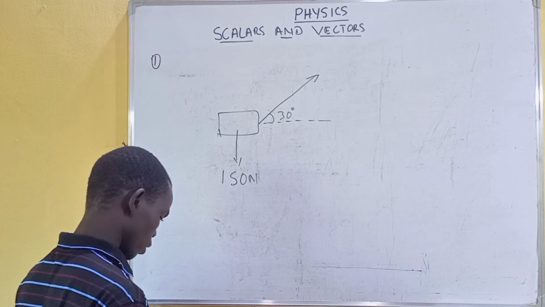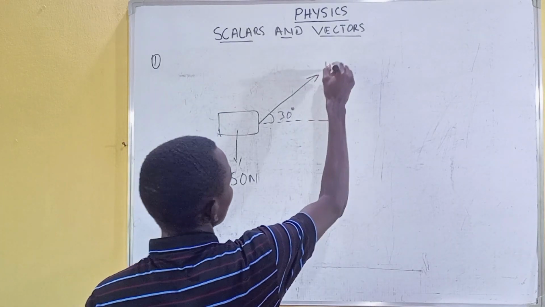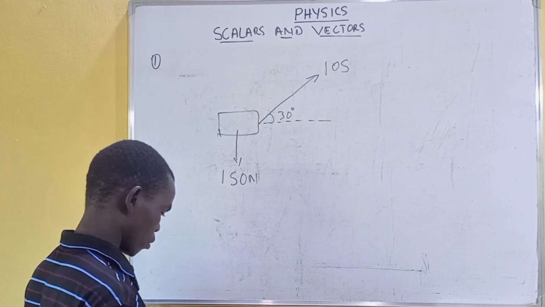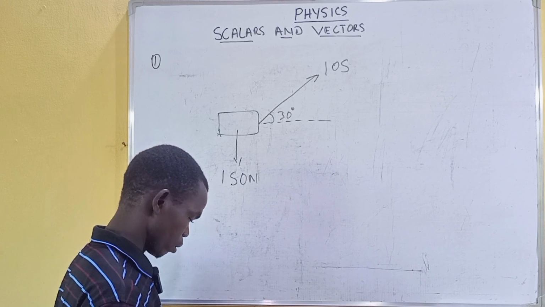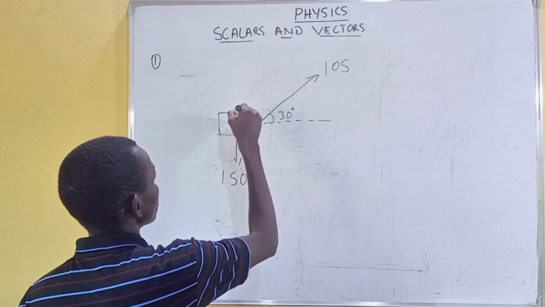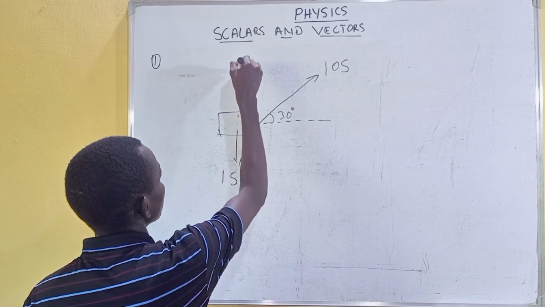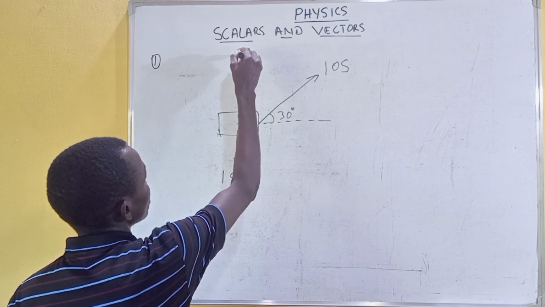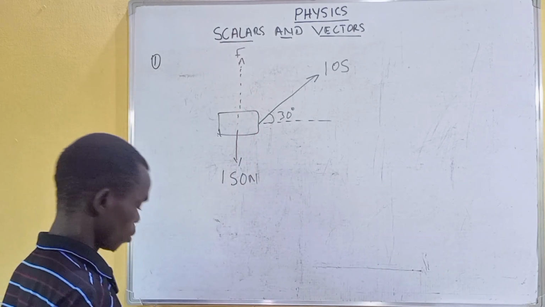And the tension in the string is equal to 105. You are asked to find the force tending to lift the load off the ground, which is in the upward direction.